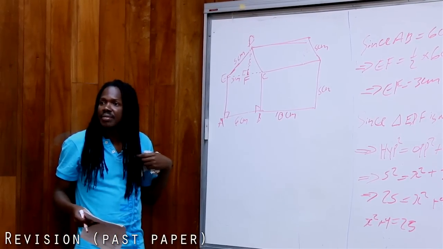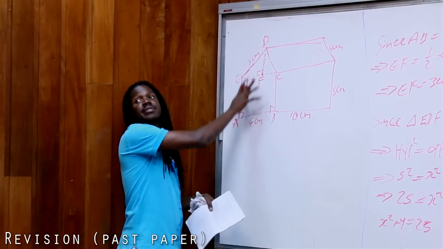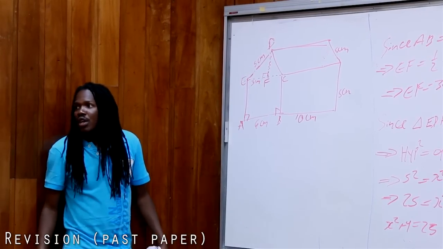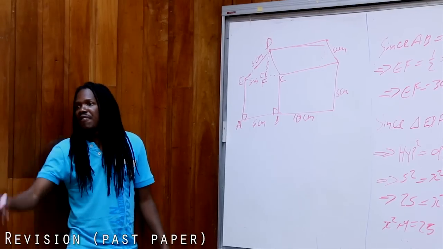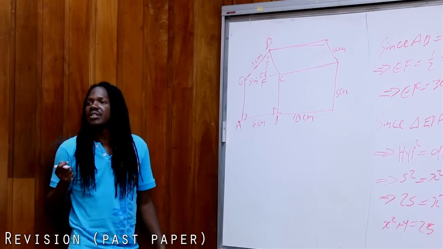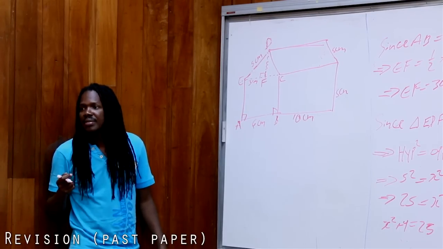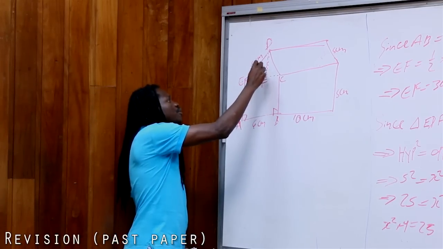You see that? They want the area of the face, which is just this, not the entire thing. Now the face has two things, a triangle and a square. If you find the area of the square and add it to the area of the triangle, you'd have found everything. So we're going to find the area of this triangle where this is equal to 4.